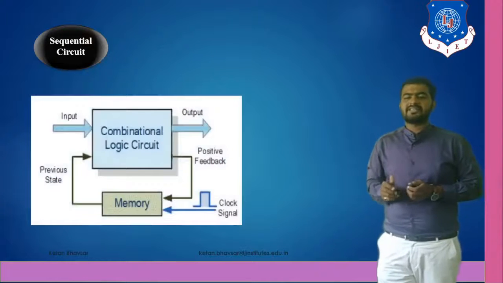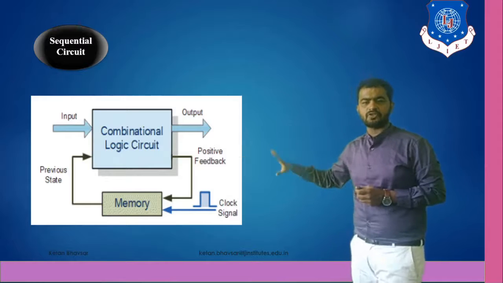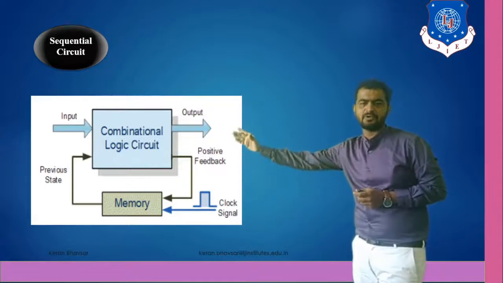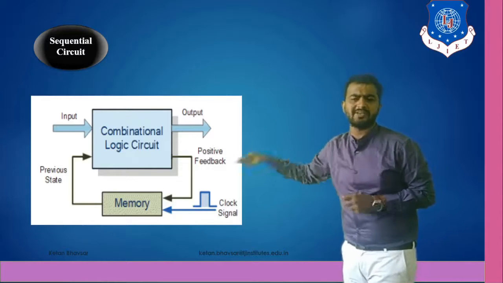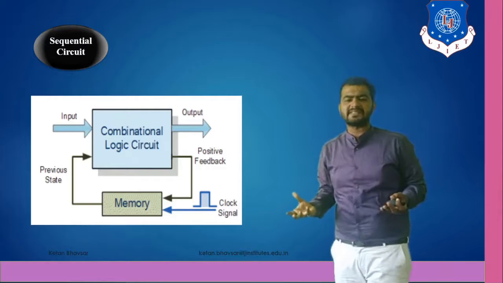Now you can see the diagram of the sequential logic circuit. If we focus on the combinational part, forget the bottom memory element and just consider the input and output. The combinational circuit can be designed with the help of NAND gate, NOR gate, and CMOS based circuits.